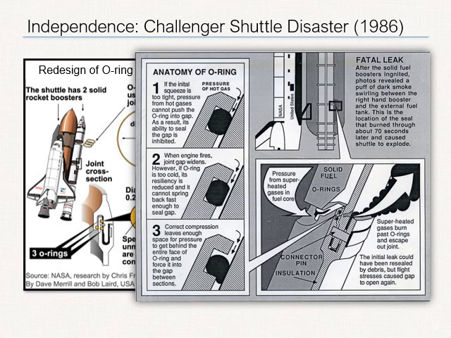Again, there are 3 of these O-ring joints on each of the solid rocket boosters, and that means there are 6 O-ring joints.